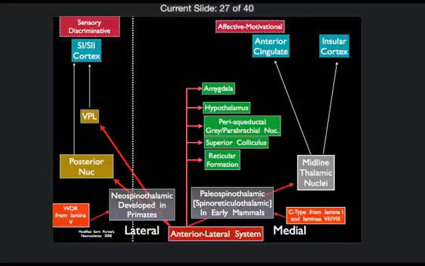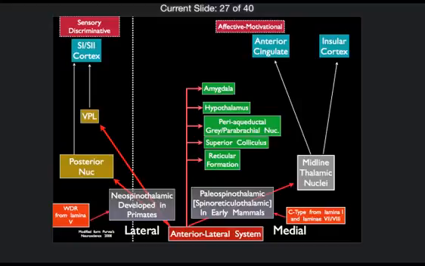If you take the medial division, it is paleospinothalamic, some like to say spinoreticulothalamic, developing in early mammals. It's a slower system because it has many synapses through the reticular formation as it goes up. And it's midline thalamic nuclei.